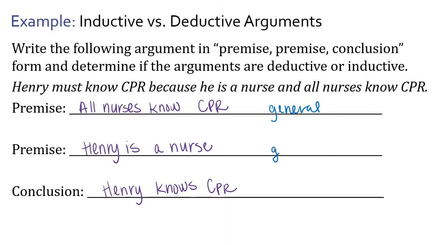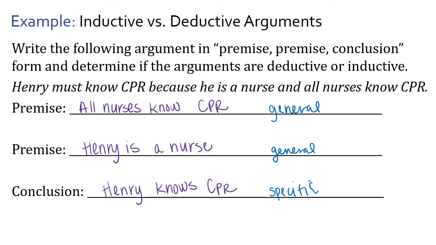We're going to consider this a general statement because it's more general than the last piece, which says Henry knows CPR, that conclusion. If it was the other way around and instead they said all nurses must know CPR because Henry is a nurse and he knows CPR, that would be a different situation. But in this case, they were concluding that Henry must know CPR.